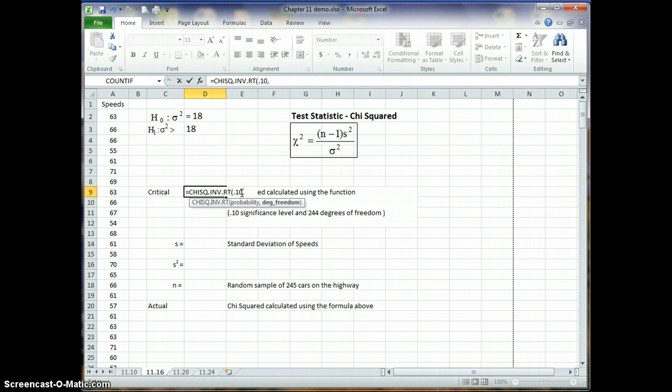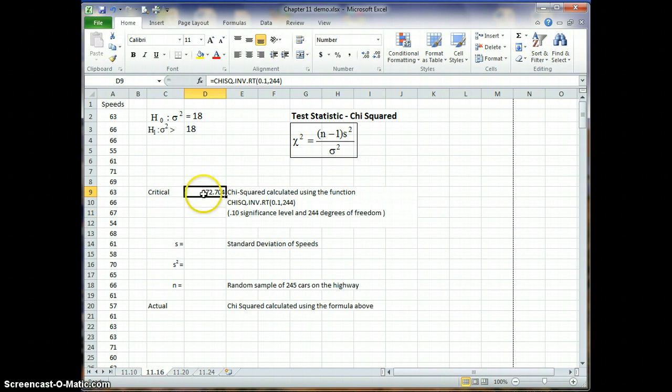And then the degrees of freedom, the sample included 245 cars, so the degrees of freedom would be 245 minus 1 is 244. Close the parenthesis, click that, and it's equal to 272.704.